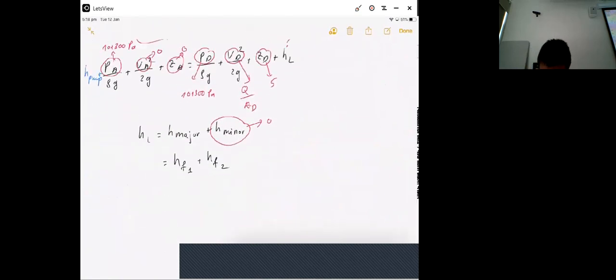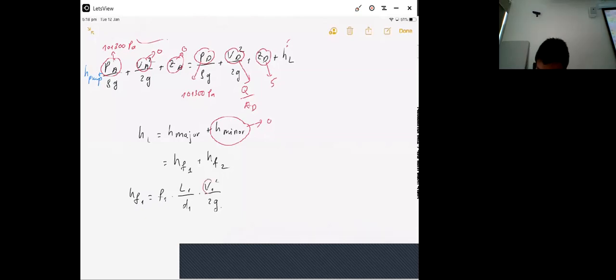SF1 equals friction coefficient F times L1 over D1, the big pipe before the pump, times V1 square over 2g.